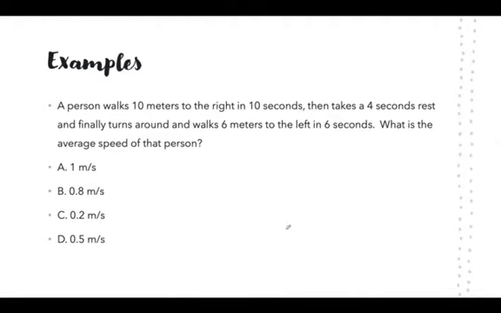All right, welcome back. Now, this problem is asking us to find the average speed, and we just saw that average speed would be equal to total distance traveled. That would be 10 meters plus 6 meters divided by total time. And the total time would be 10 seconds plus 4-second rest plus 6 seconds.